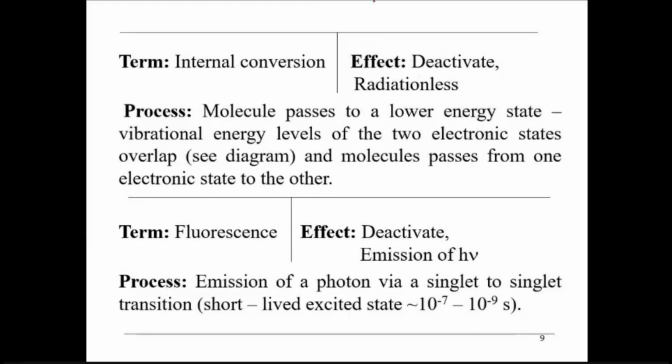That's why it is internal conversion. What is the effect of this process? Deactivation, and the process is radiationless. In this process, the molecule passes to a lower energy state, that is, from S2 it will come to S1. But the vibrational energy levels of the two electronic states must overlap, so the molecule passes from one to the other.